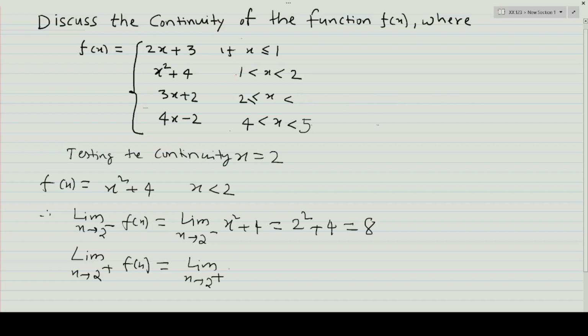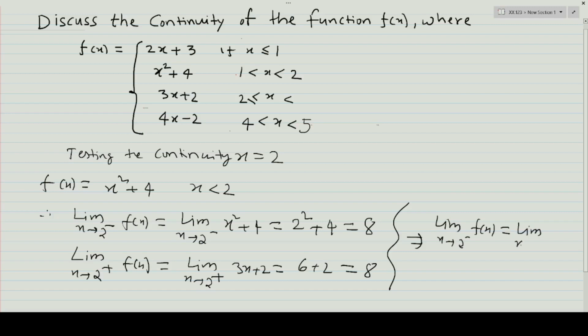The limit as x tends to 2 plus of 3x plus 2 equals 6 plus 2, equals 8. This implies the limit as x tends to 2 minus of f(x) equals the limit as x tends to 2 plus of f(x), which implies f(x) is continuous at x equals 2.